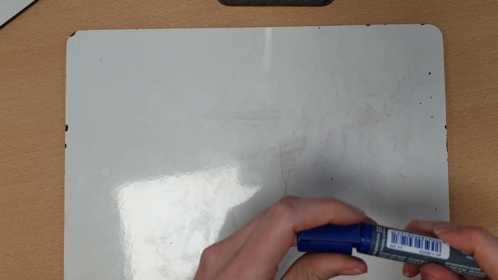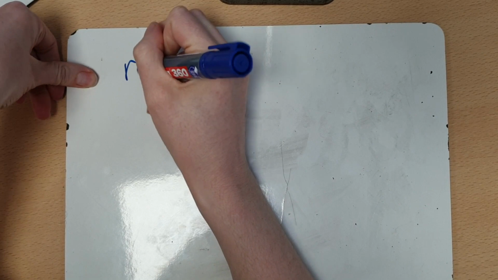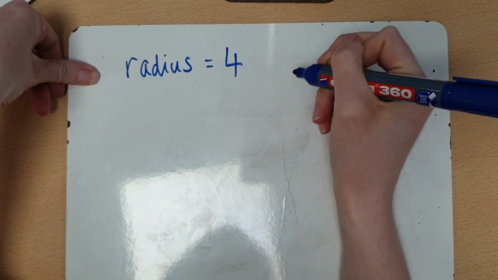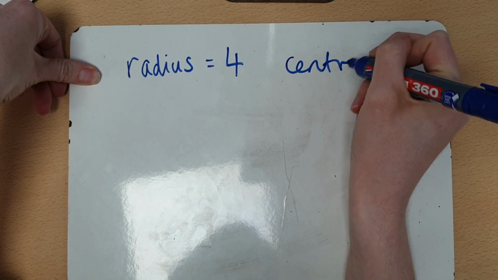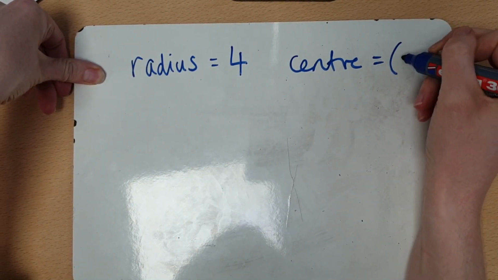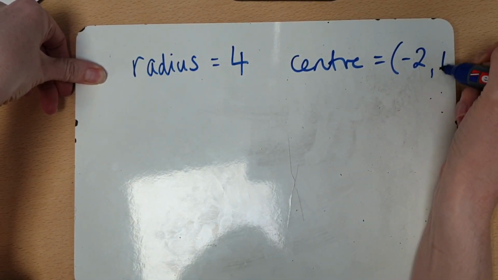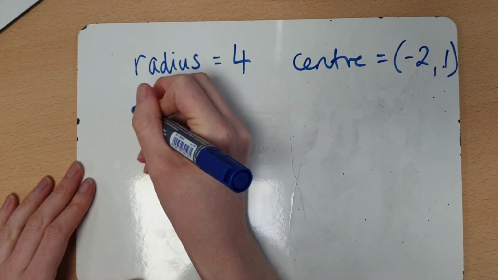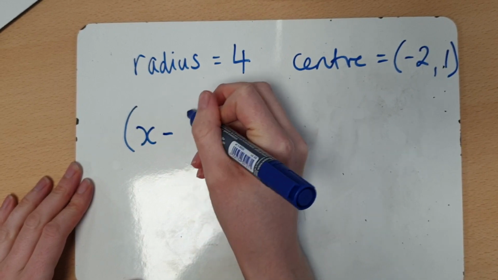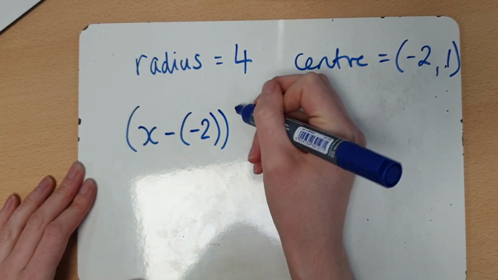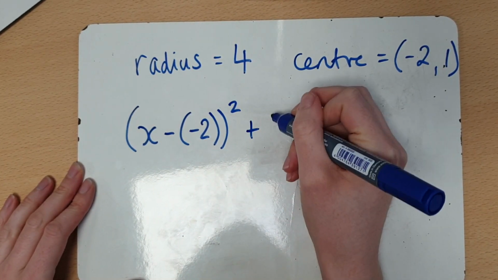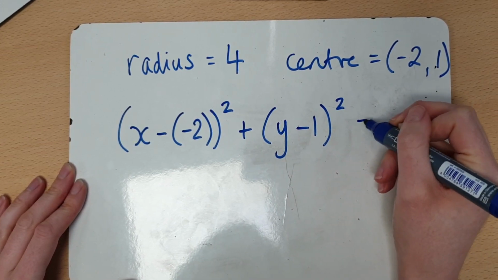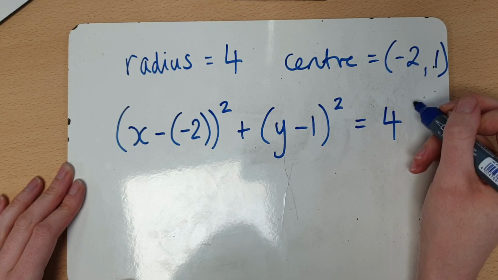So let's say instead I've got radius equal to 4, but the centre is now (−2, 1). I'm going to have the equation (x − (−2))² + (y − 1)² = 4².